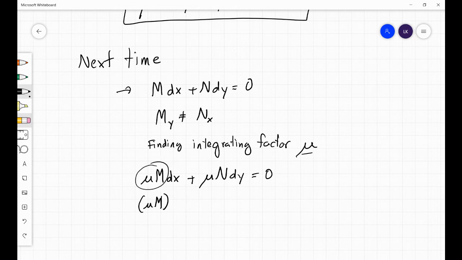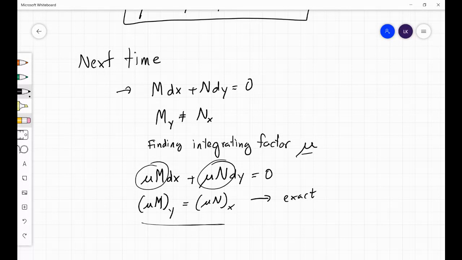So the derivative of this new M, so to speak, with respect to y will be equal to the derivative of this with respect to x. Okay, so that's going to make it exact. And it's exactly this condition that gives an exact differential equation, which is going to determine how we define mu. So that's next time. Thanks.